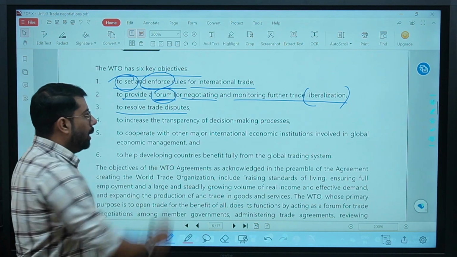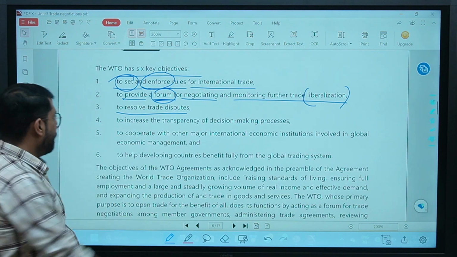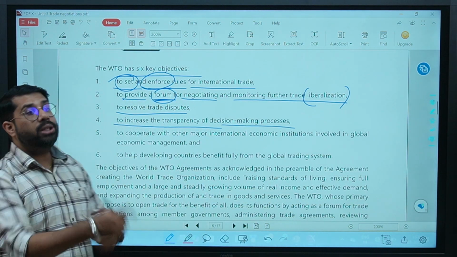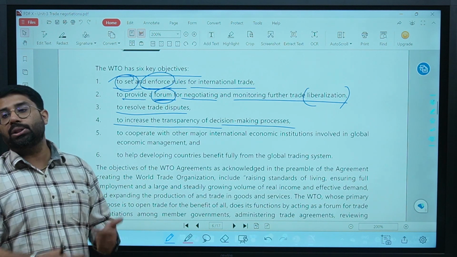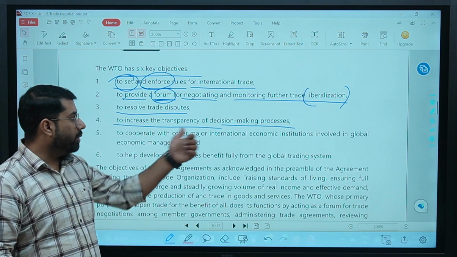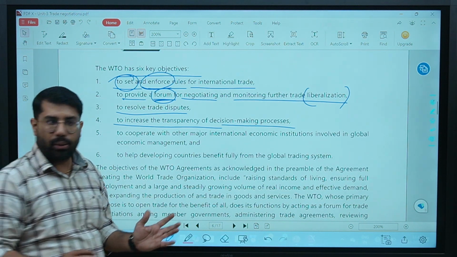Then to resolve any trade dispute, which was the problem of GATT. To increase the transparency of the decision making process, how decisions are taken, what decisions are taken, everybody should know it. So the process of taking decisions should be transparent. Are we clear?